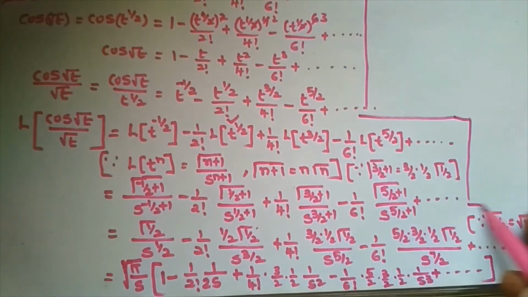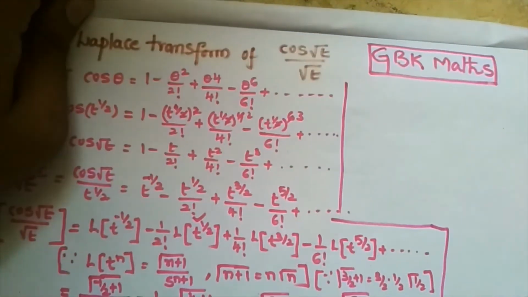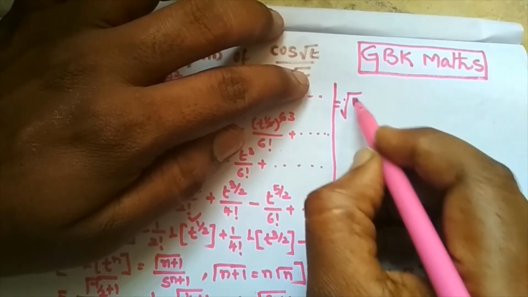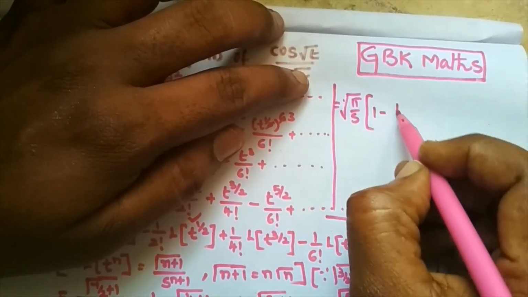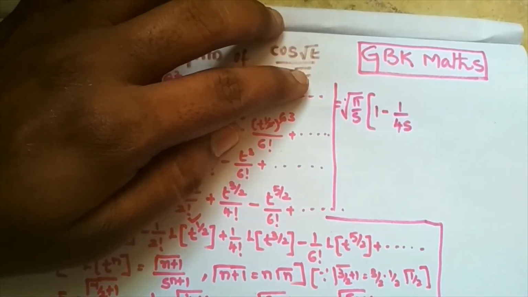Now the simplified term is, now the simplification, so root of pi by s, the remaining one is, for our convenience, 1 minus 1 by 4s, which can be written as 2 factorial into 2.